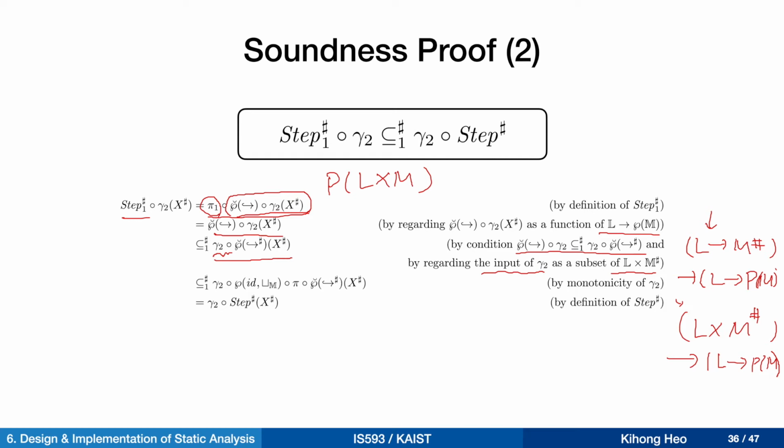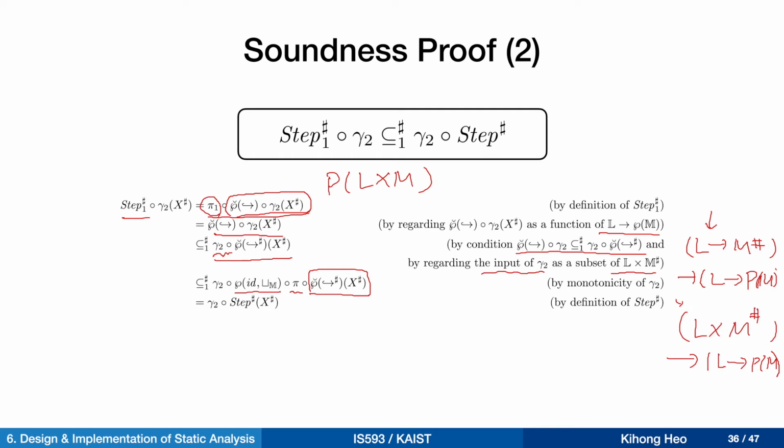Okay, this condition holds. And next, if we partition this set using this pi function, and then compute the element-wise least upper bound, this one. Then what happens?